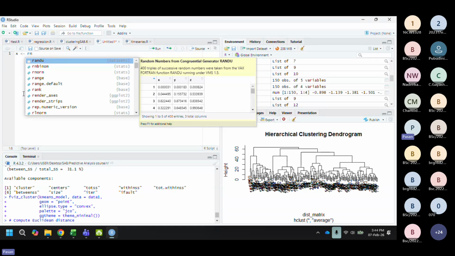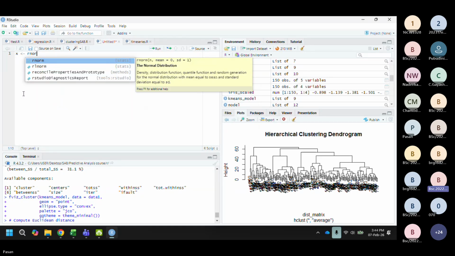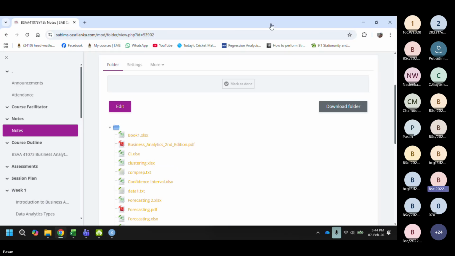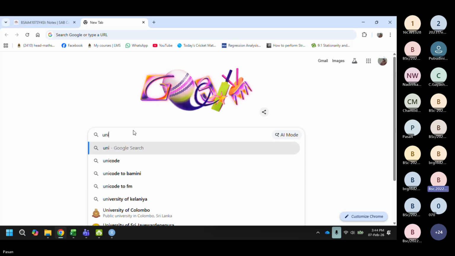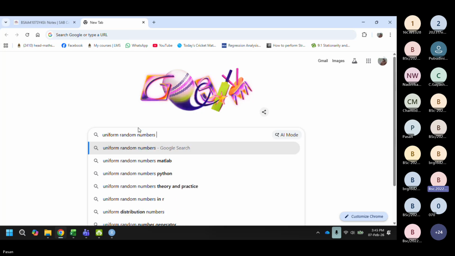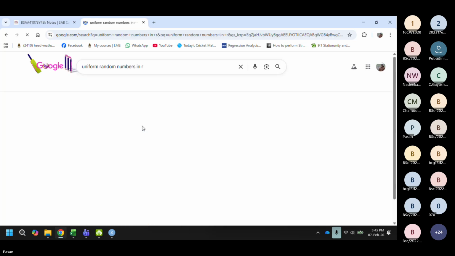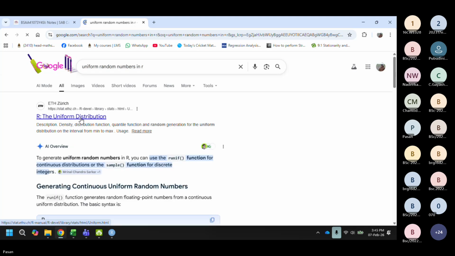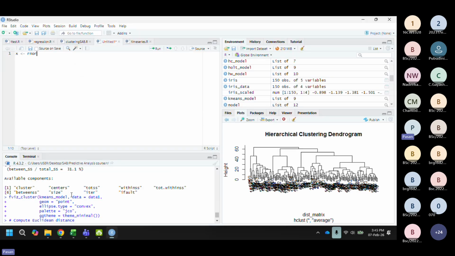No. There is rnorm, that is from the normal distribution actually, right? So now I can just search and see, right? So that is the run... I was looking for the command.